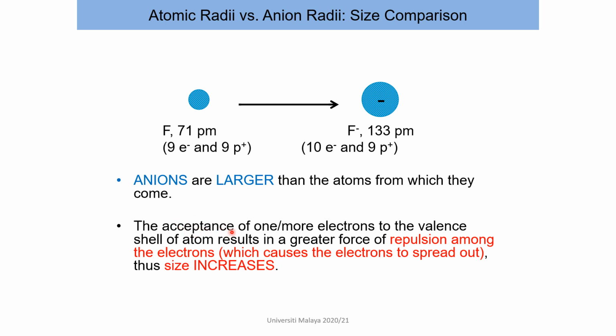So the addition of one or more electrons to the valence shell of an atom results in a greater force of repulsion among the electrons. This repulsion causes the electrons to spread out. That's why the size of the anion increases.